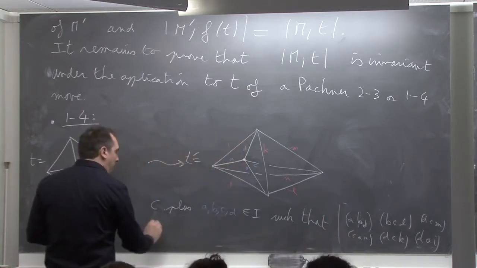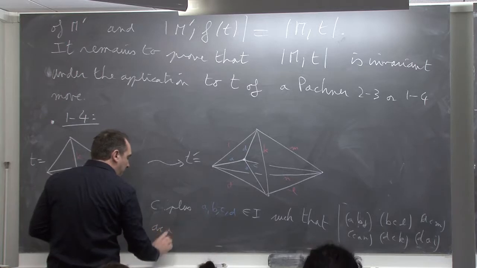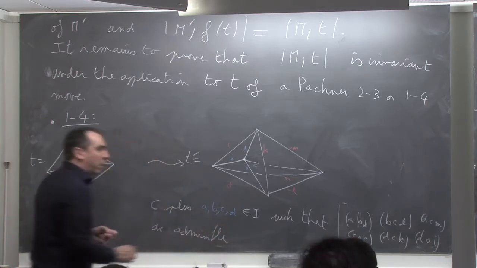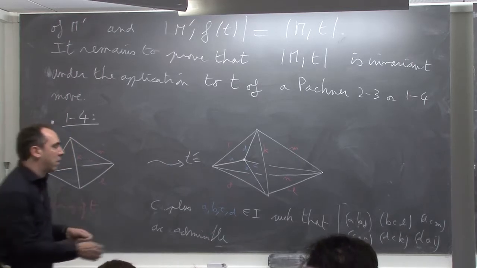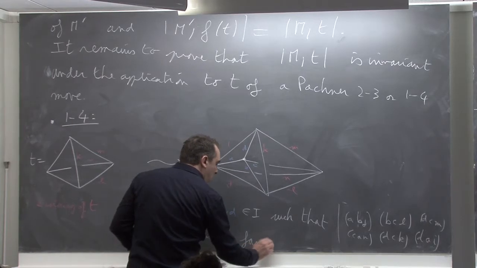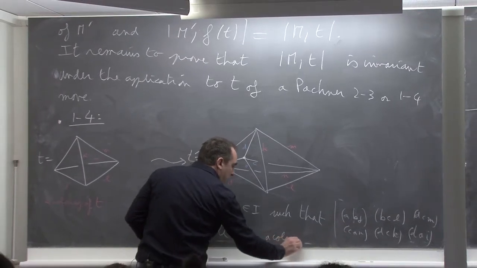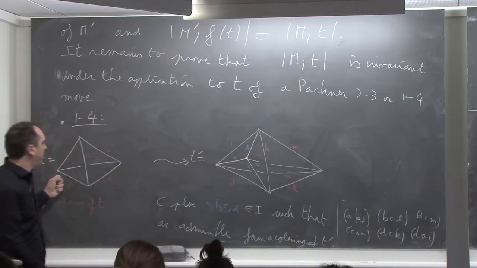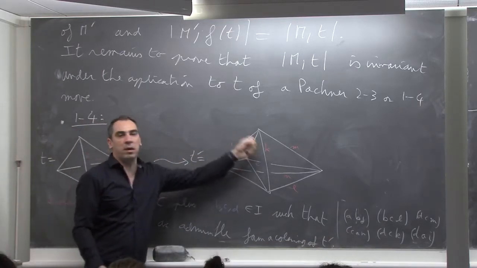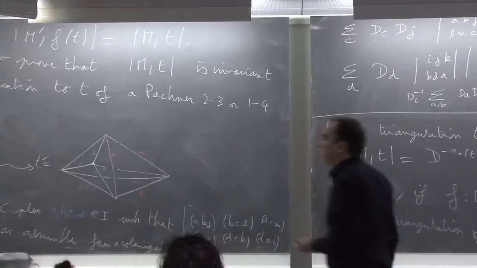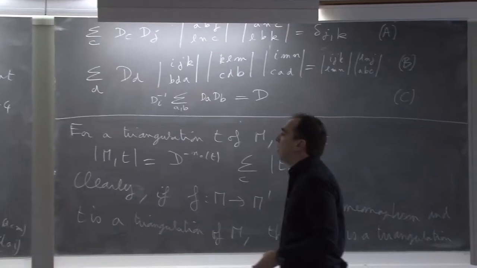We want these triples to be admissible. This forms a coloring of T prime. So you have a coloring of T plus a color of the interior edges such that these triples are admissible. Okay.